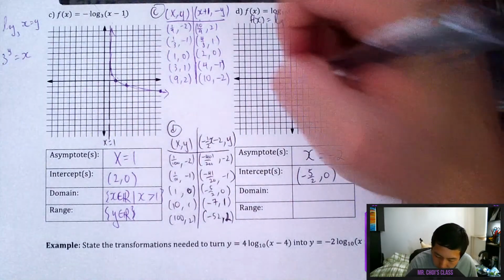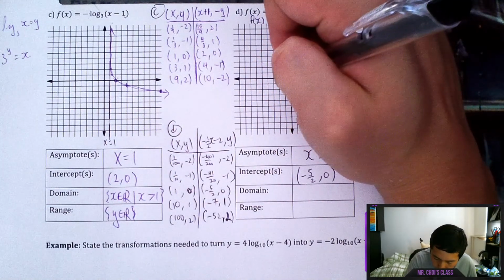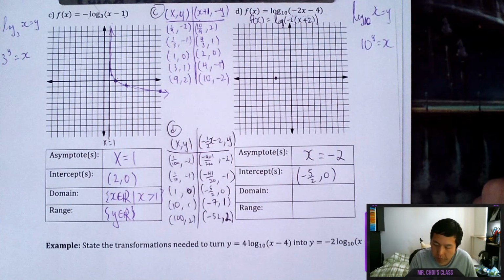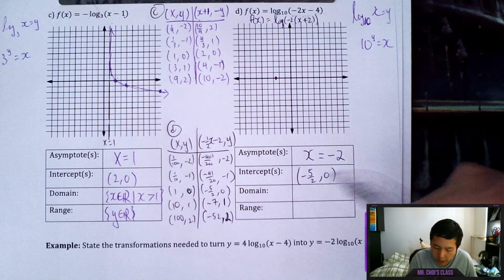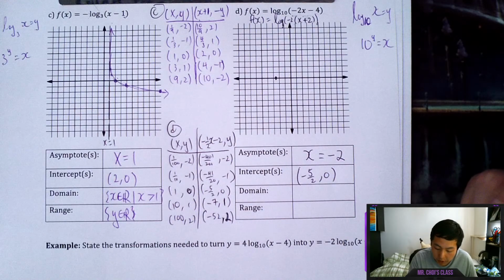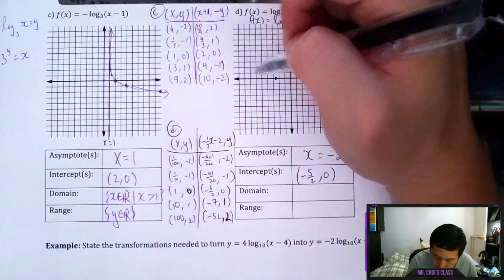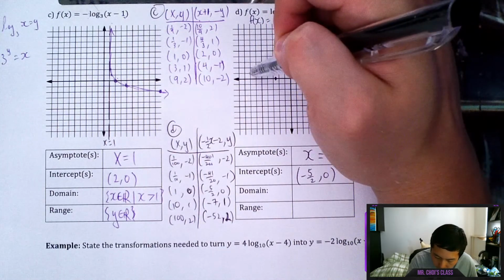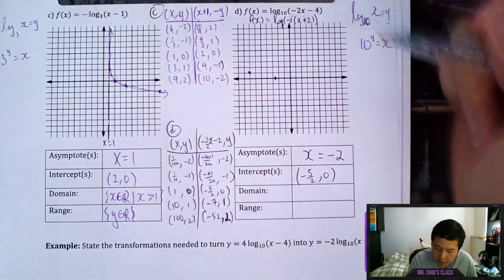Negative 5 over 2 is 2.5. So there's our first point there. We have negative 7 comma 1. So negative 7, we have 3, 4, 5, 6, 7, and then 1. That's going to go that way.